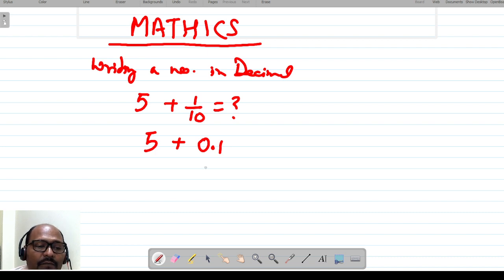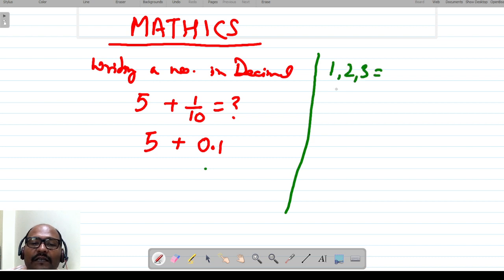For every number, I will just try to capture it over here. If the number 1 is there, 2 is there, 3 is there, how can we write 1 in the form of a decimal? 1.0. How can we write 2? 2.0.